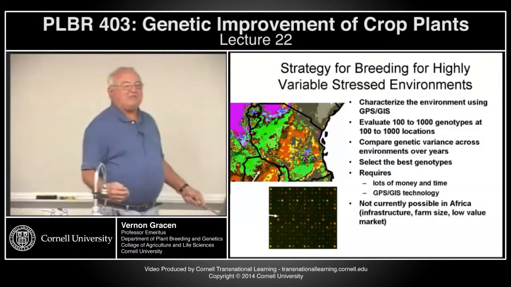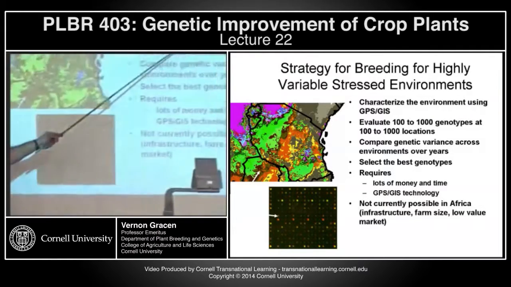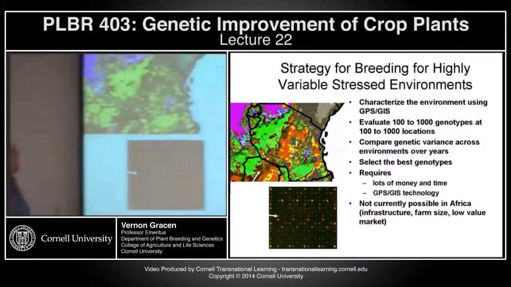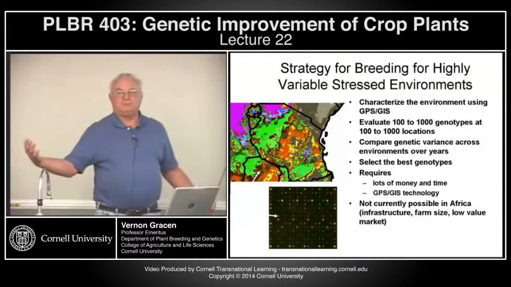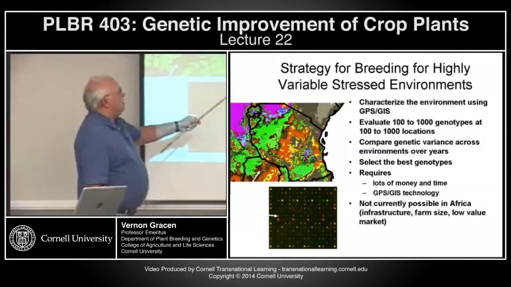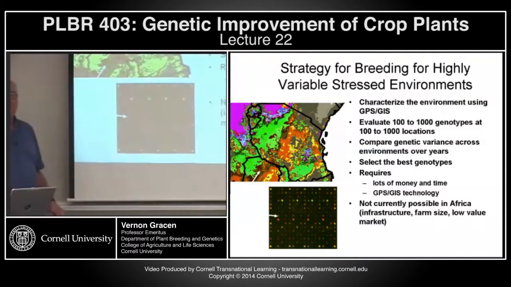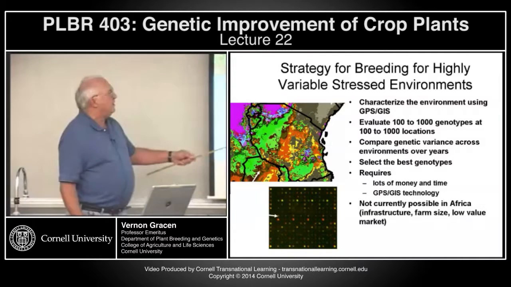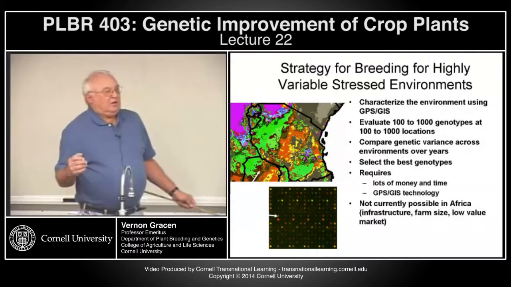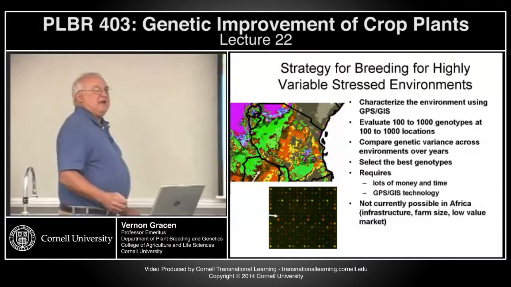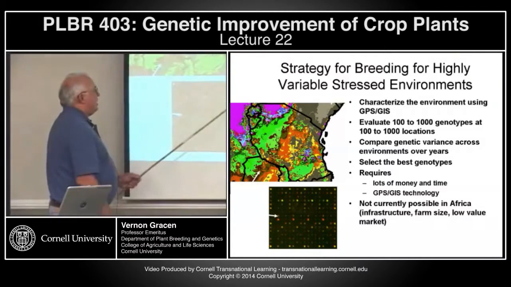And all we have to do is evaluate from 100 to 1,000 genotypes at 100 to 1,000 locations each year. We can compare the genetic variance across the environments over years, select the best genotypes. Perfectly sound strategy for developing abiotic stress tolerance.